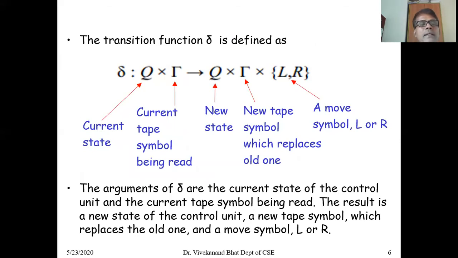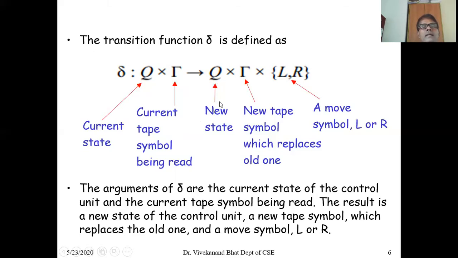If you look at the transition function carefully, delta is from Q cross Gamma to Q cross Gamma cross {L, R}, where Q is the current state and Gamma is the current tape symbol being read.